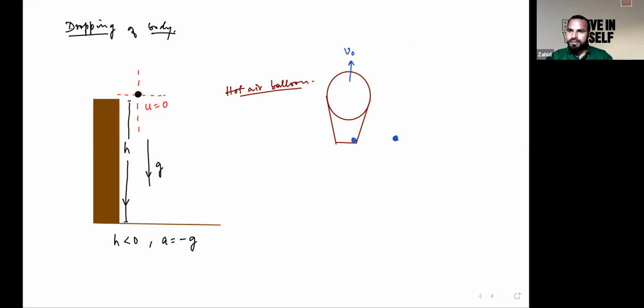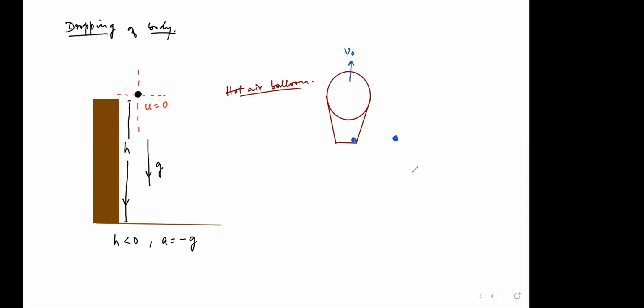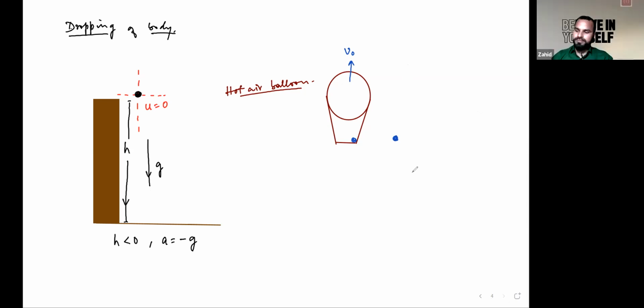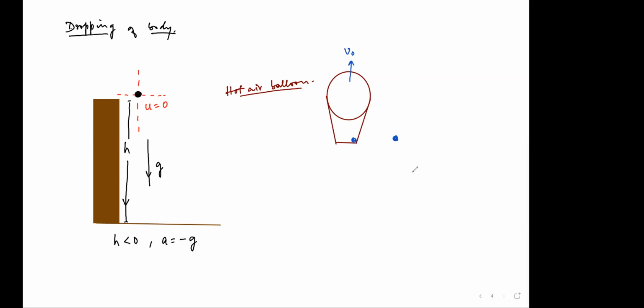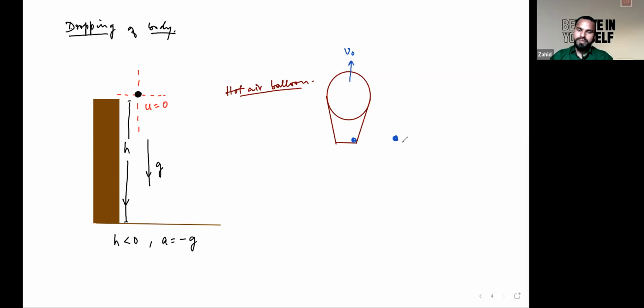Samara, just define in which direction this body will move initially, upward or downward? Downward. Okay, Safan, would you like to answer? In which direction will this body move initially? Upward or downward?